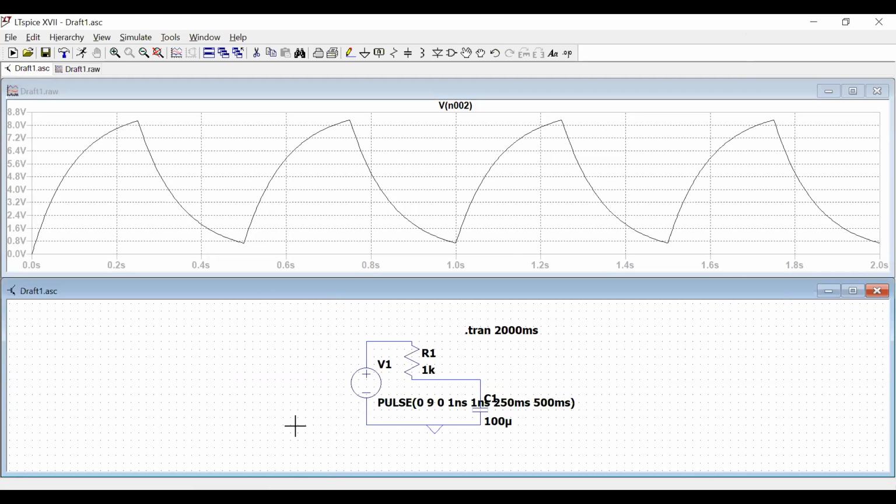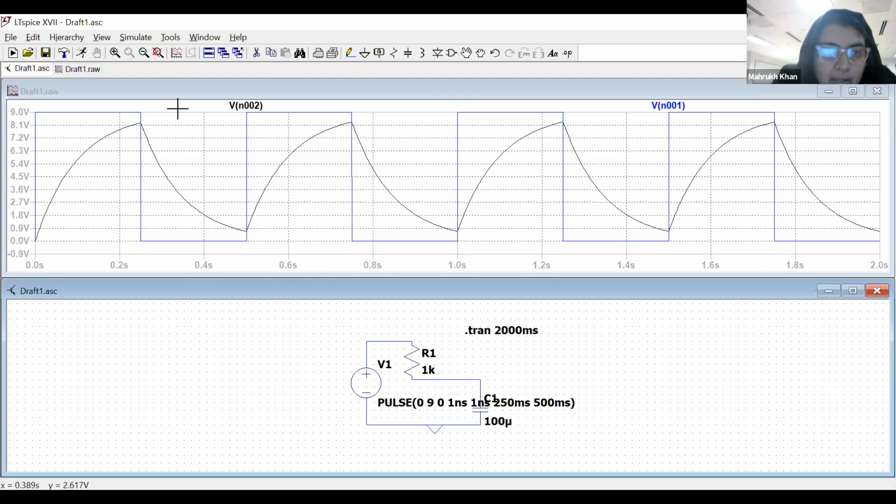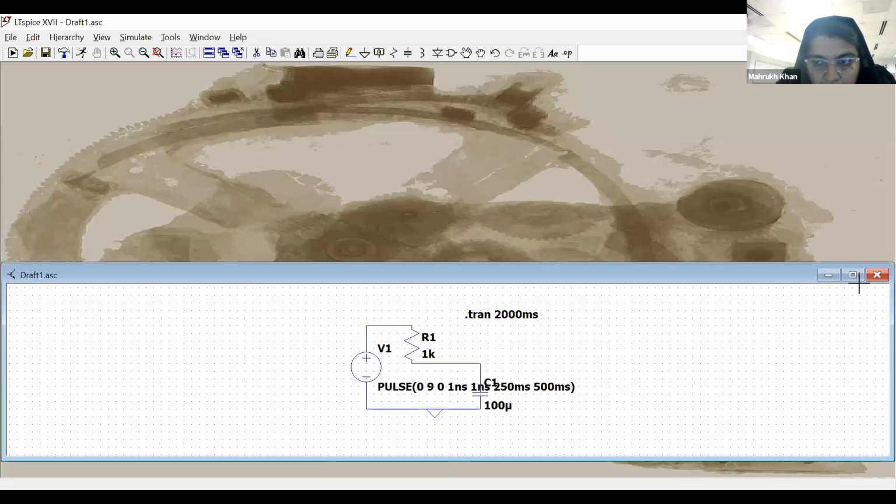It'll have less time to discharge, so it won't reach 0. Yes, it is having less time to discharge. That's why it's not 0, and it's not having enough time to charge as well. So it just fell short of charge and discharge both. Okay, so let's try another thing.